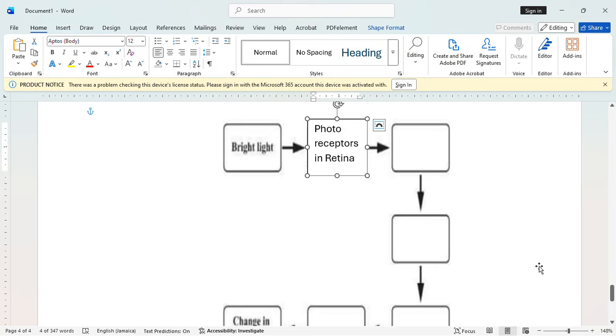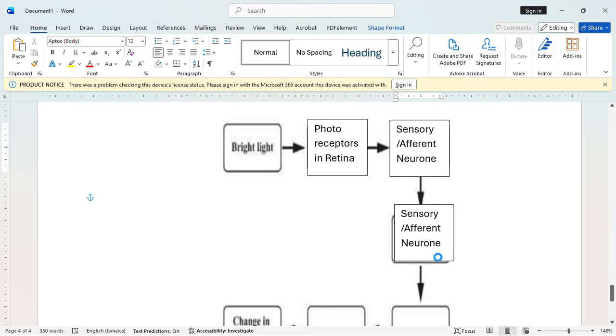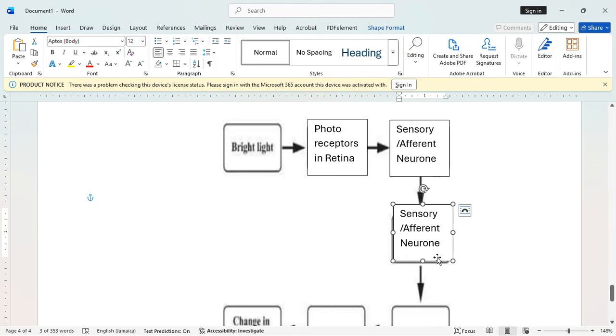So you're going to have the sensory neuron, or we call it the afferent. Then we would have the relay neuron.